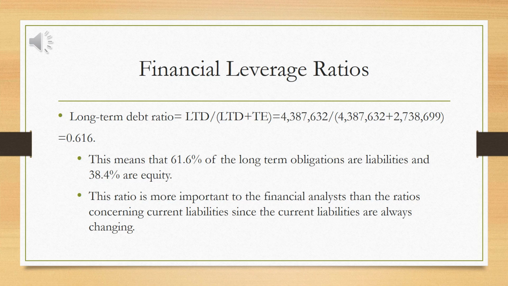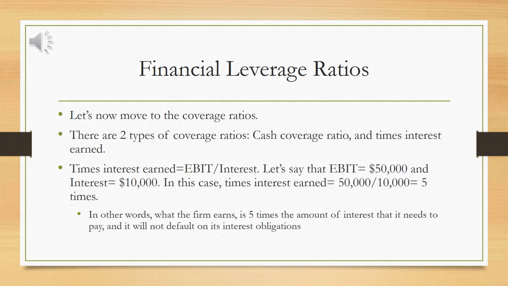This means that 61.6% of the long-term obligations are liabilities and 38.4% are equity. This ratio is more important to the financial analysts than the ratios concerning current liabilities, since the current liabilities are always changing. Let's now move to the coverage ratios.